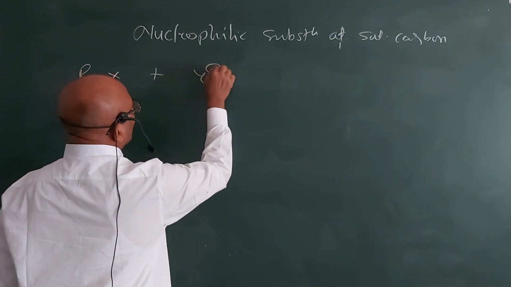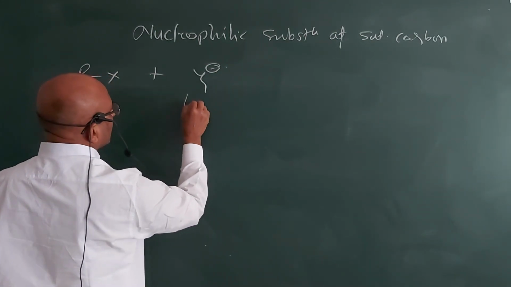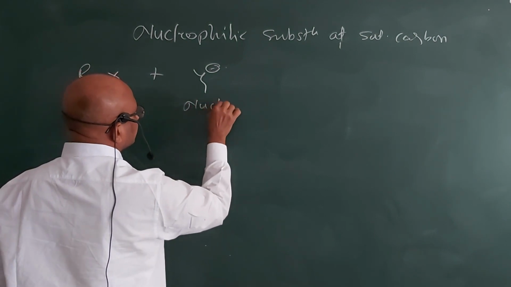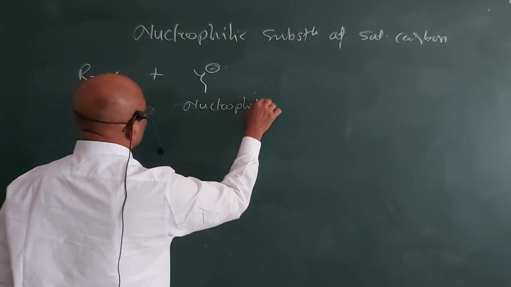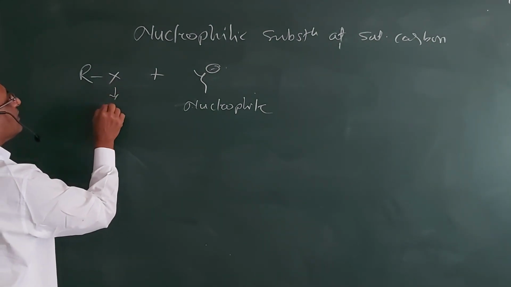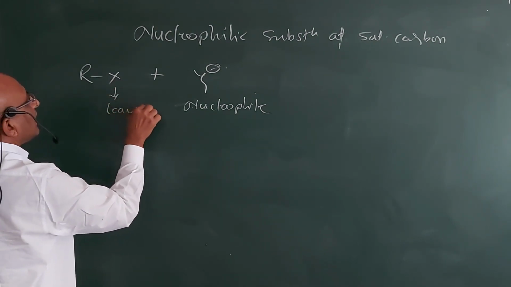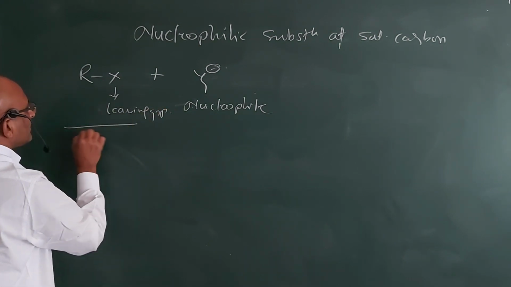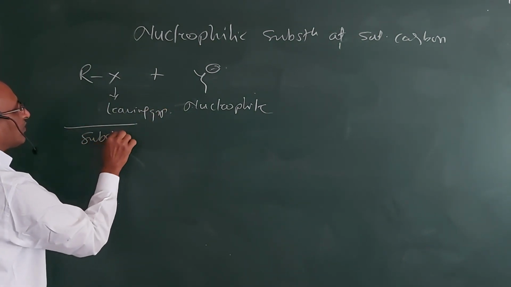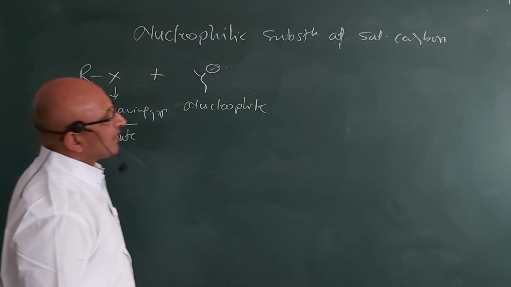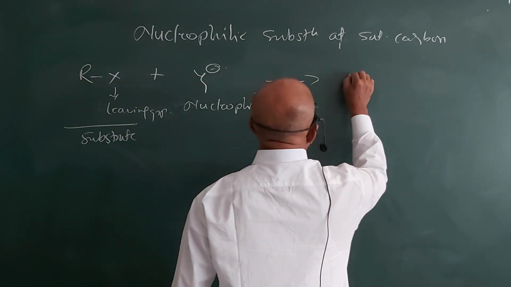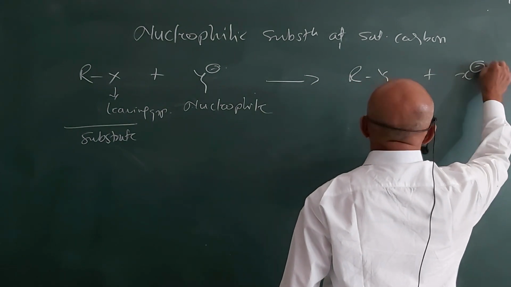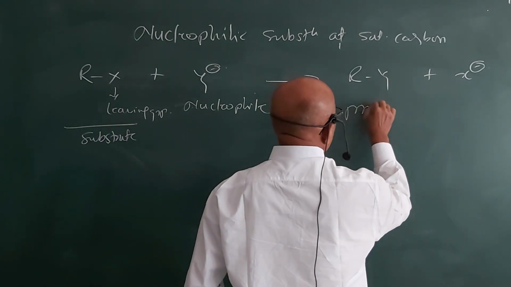Here Y minus is the nucleophile, this is the leaving group, and this reactant is called your substrate molecule. And here we are getting the product, that is RY plus X minus.